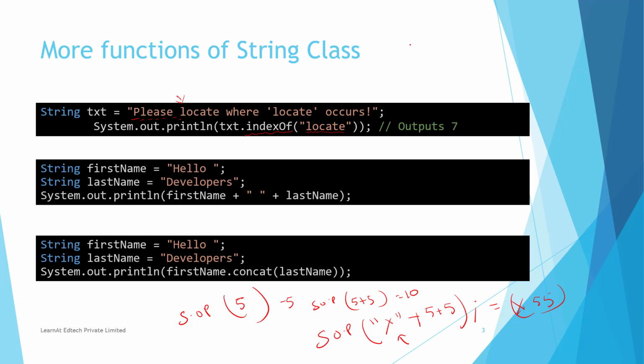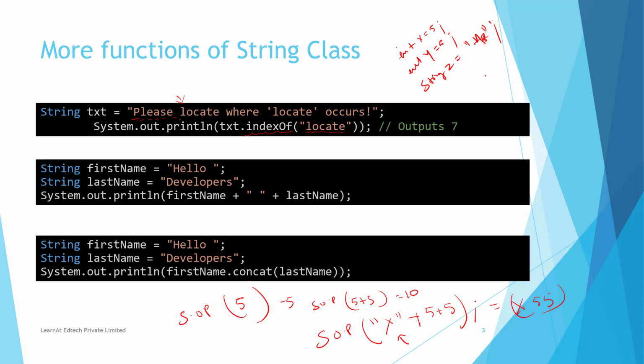Suppose int x equals 5. Int y equals 5 again. Now string z equals age.